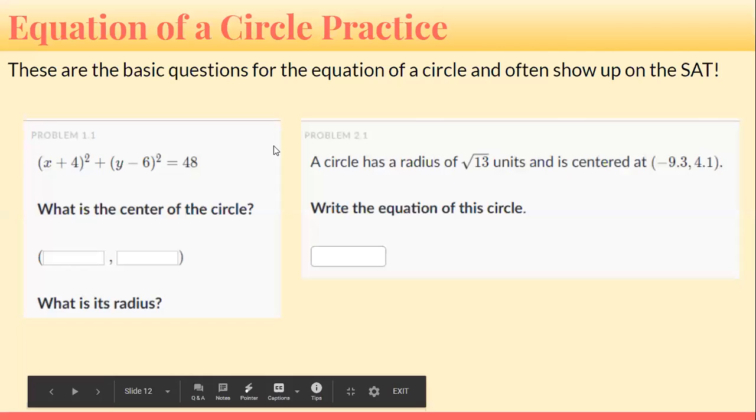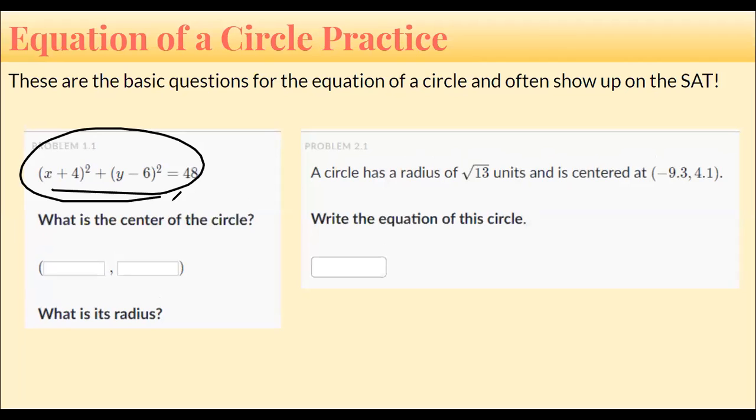As we see, we have this big old equation, and what is the center, and then what is the radius? This is fairly simple. Let's look at the center. We know that this x plus 4 is basically x minus -4, right?